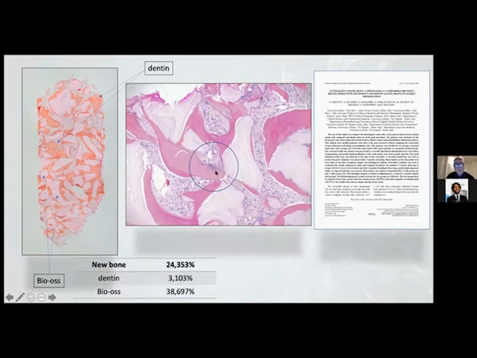The dentin was also resorbed. So the granules inside create a new space for new bone. The other granules, the xenograft material, are not resorbed, so they don't create a space for new bone, but only the new bone is able to surround these granules.